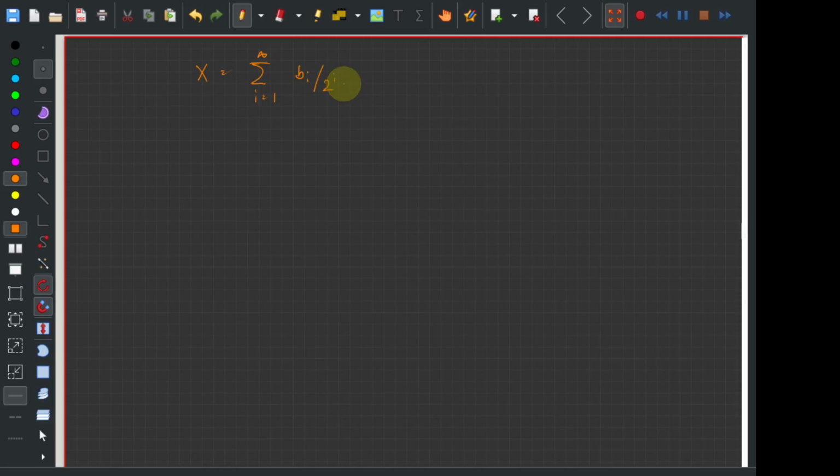We have some intuition as to what this looks like. So now what is the probability that x lies between 0 and half?